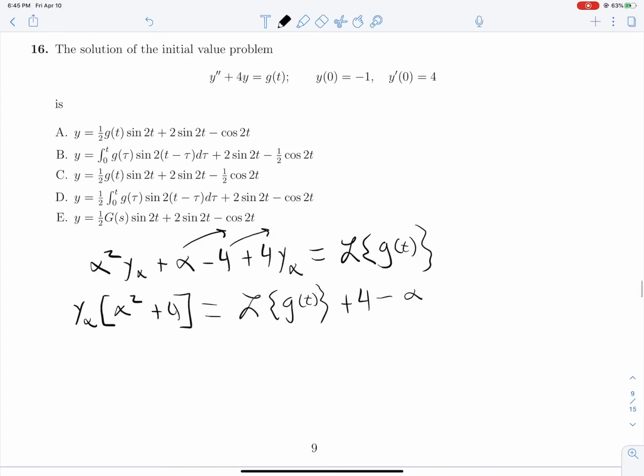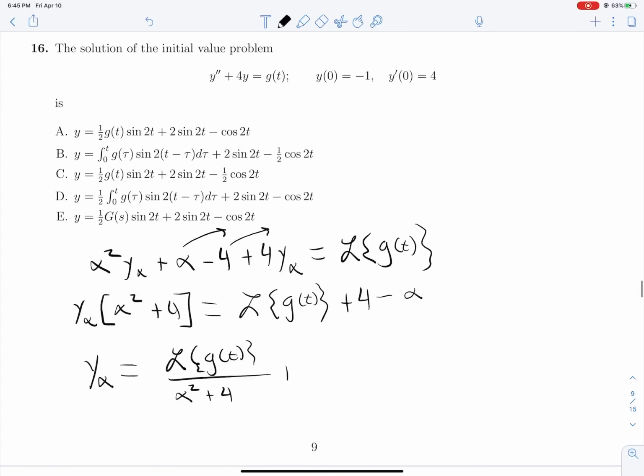And of course, we're just going to divide out this term here. We're left with y of alpha is the Laplace of g of t divided by alpha squared plus 4, and then we have 4 over alpha squared plus 4 minus alpha over alpha squared plus 4.